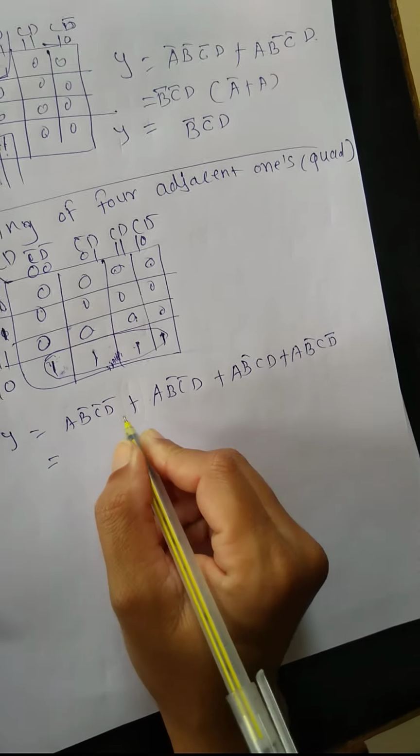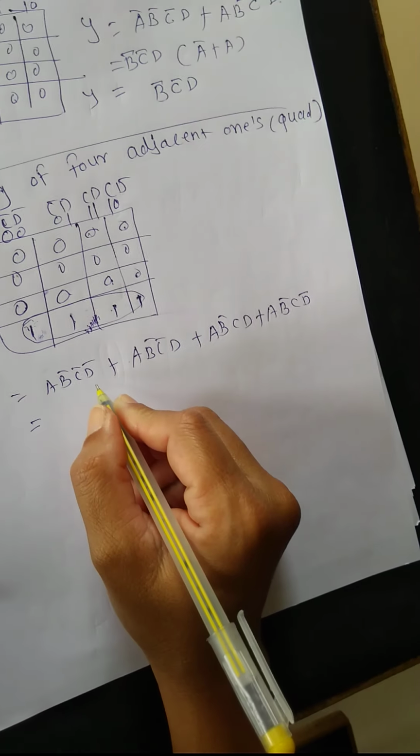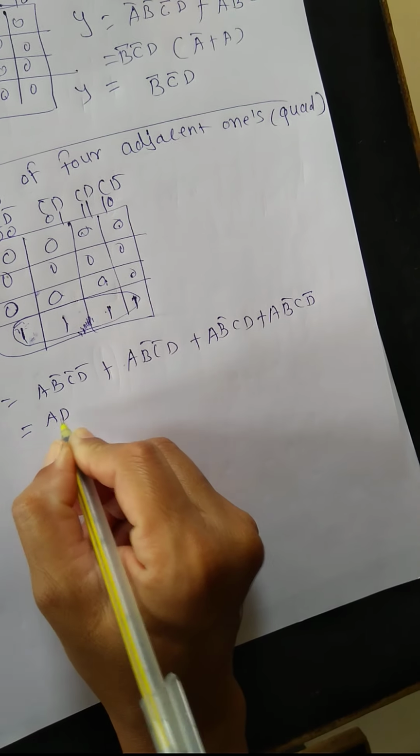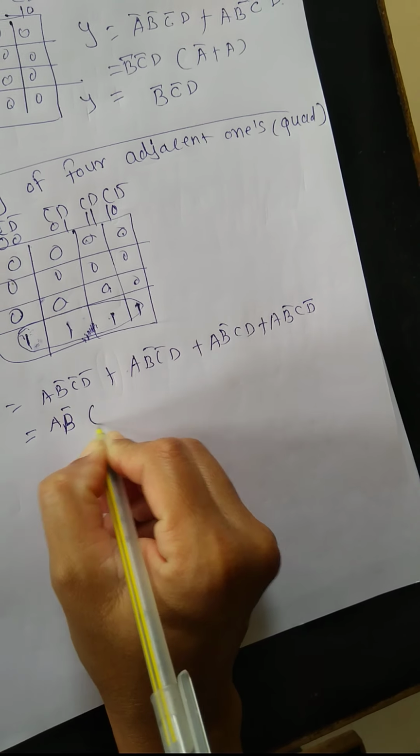To simplify the Boolean expression, the common term for every term is A B bar.